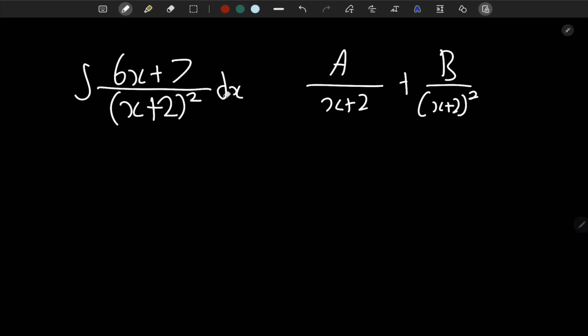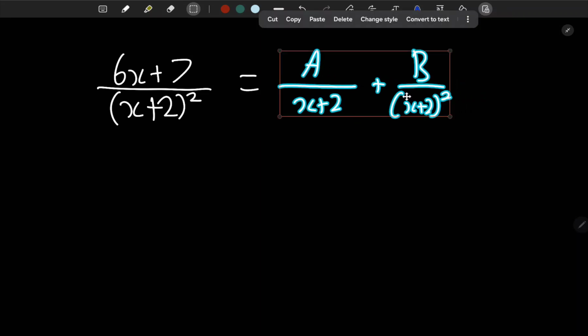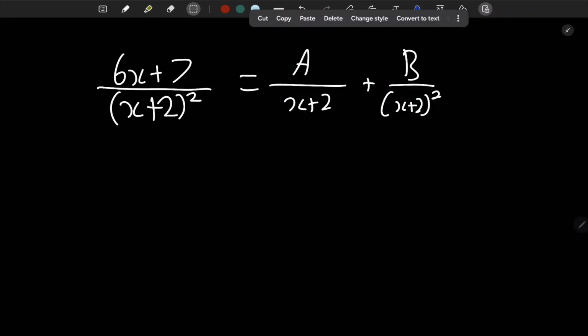So let's get rid of dx and integration and first do the partial decomposition. So this is how you make the decomposition for a real repeated root. It is going to be a over x plus 2 plus b over x plus 2 squared.